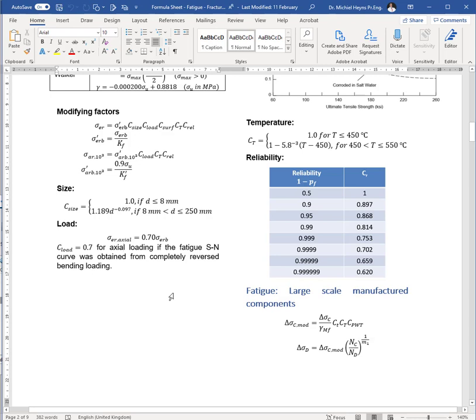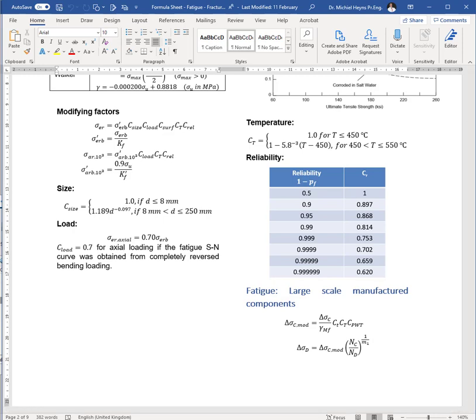If a test was done in bending, it's a smaller volume that's subject to the cyclic stresses. Now we have a specimen that's subject to an axial loading. So we need to model for that axial loading, and for that we use the load modification factor, and the load modification factor is that one.